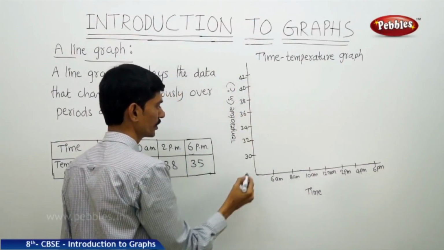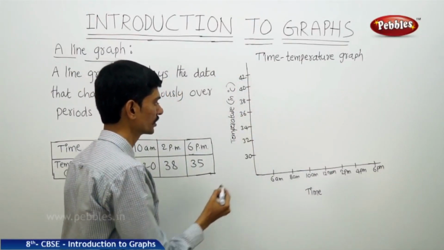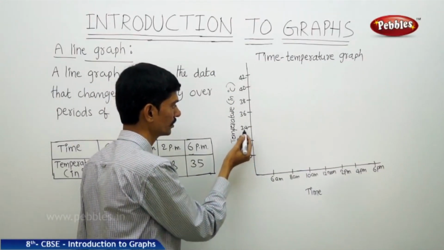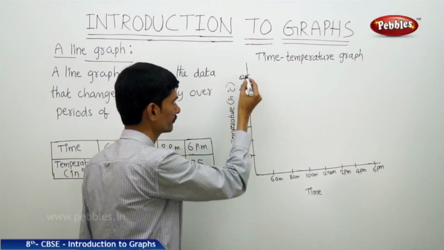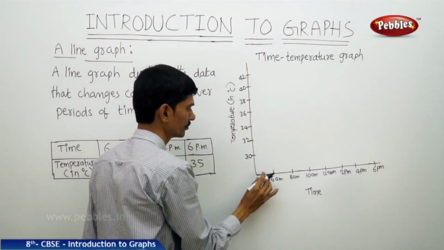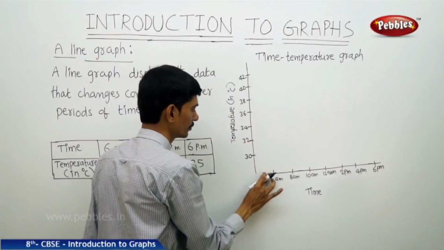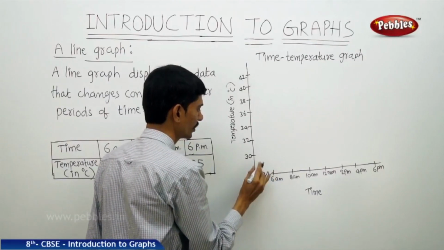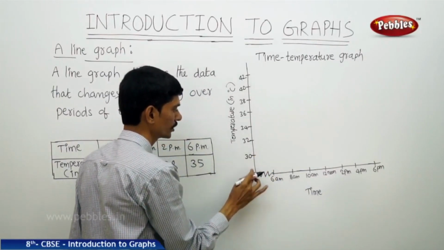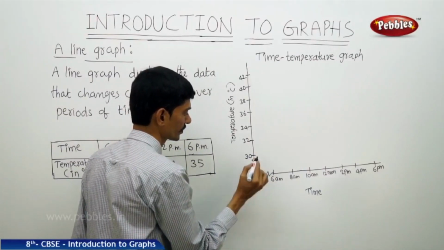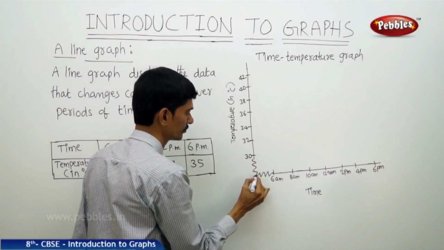So on the y-axis we have taken the temperature in degrees centigrade. Since we are not taking values from 0 to 30, we represent that by a jog line, and here also a jog line.